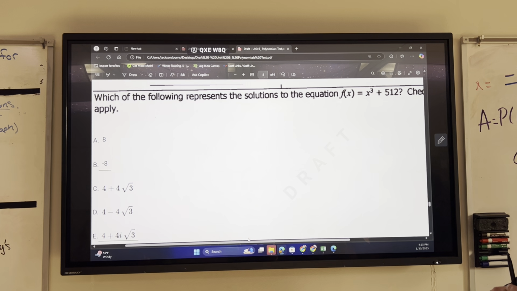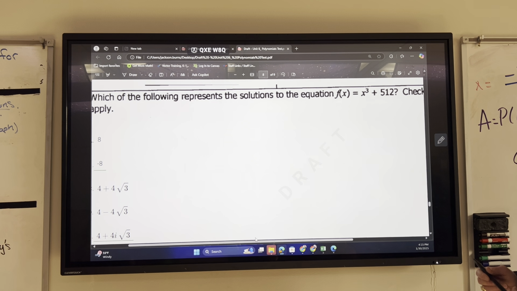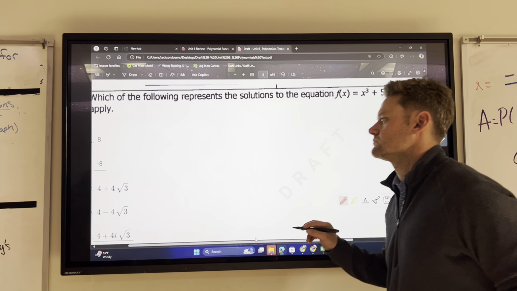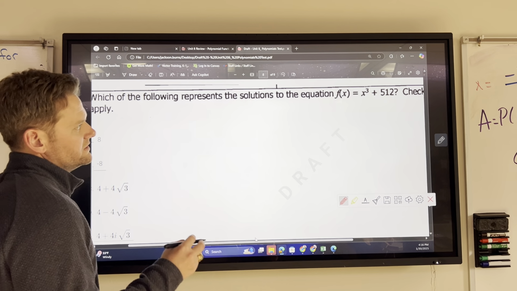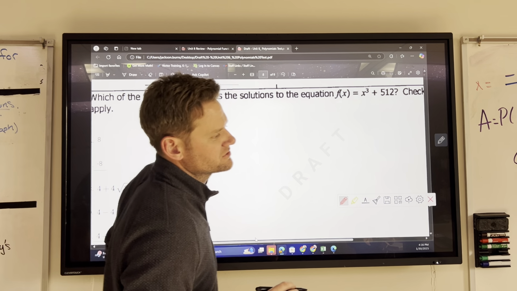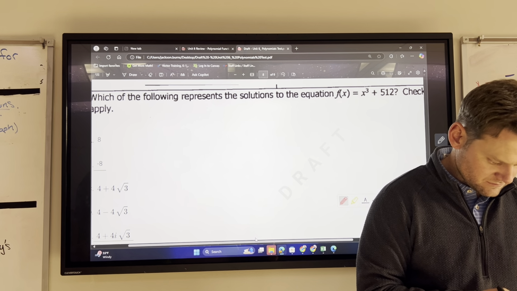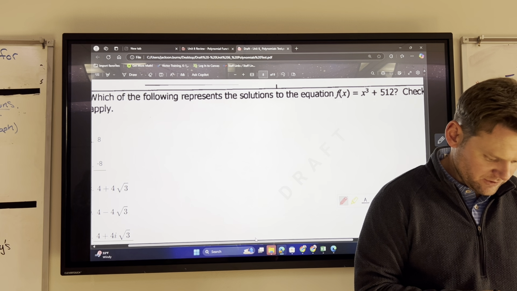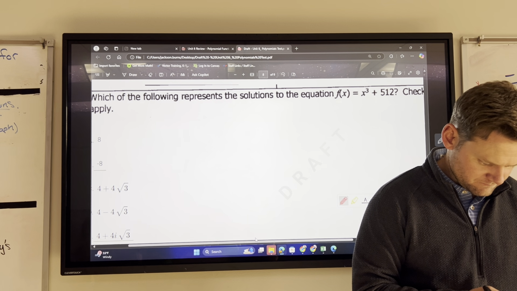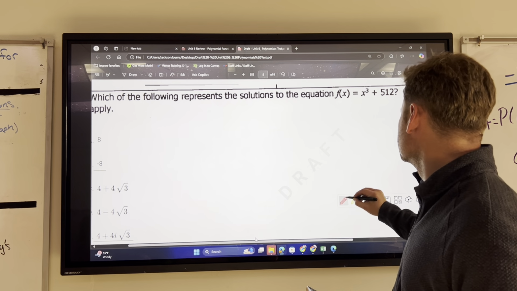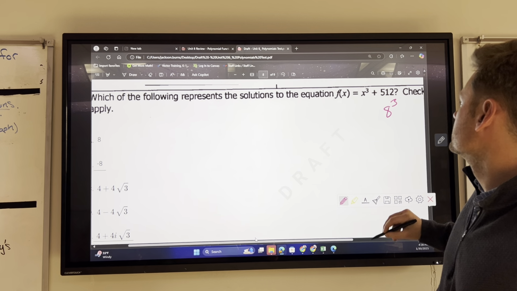All right, solutions to the equation x cubed plus 512. Check all that apply. So here, what is x cubed plus 512? What is 512? Does anybody remember? 512 is 8 cubed, right?